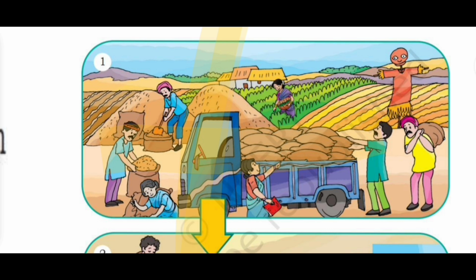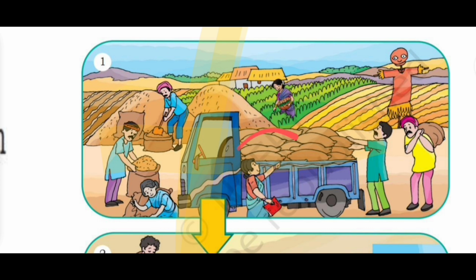Now if we go further, here we can see this man with the yellow shirt. What is he doing? He's carrying those sacks, right? This person is carrying those sacks and getting them to the truck. And the sacks of wheat are getting loaded in the truck. Can you see this?